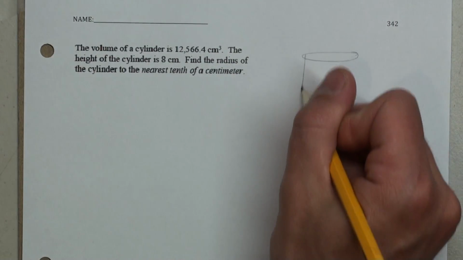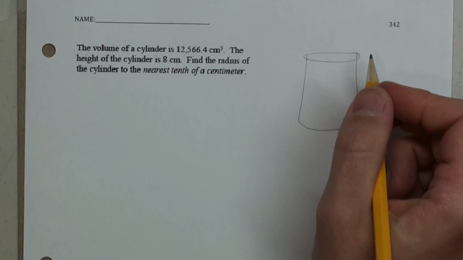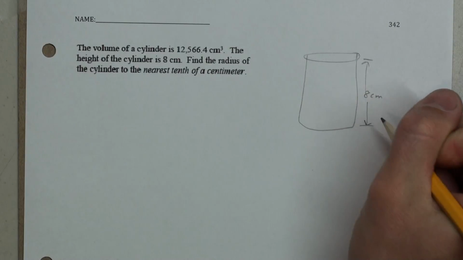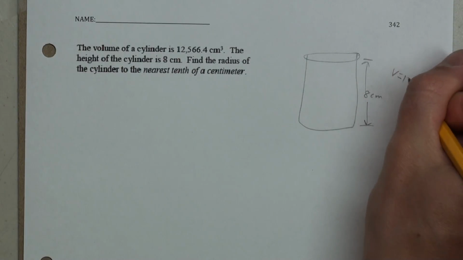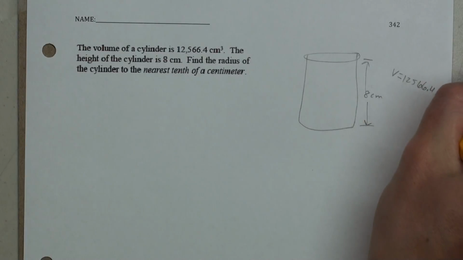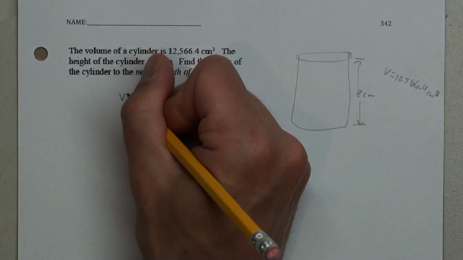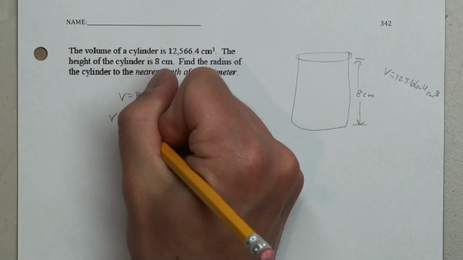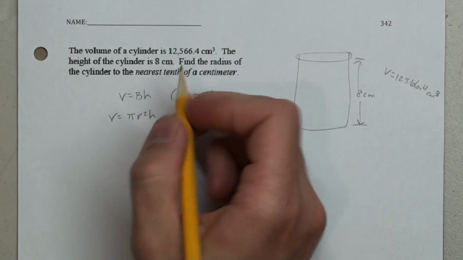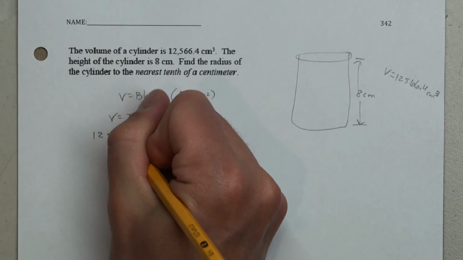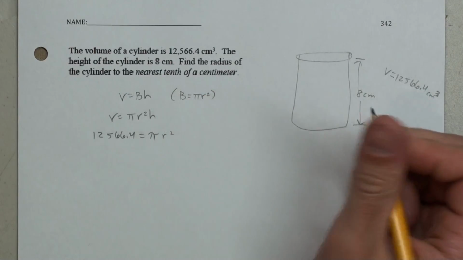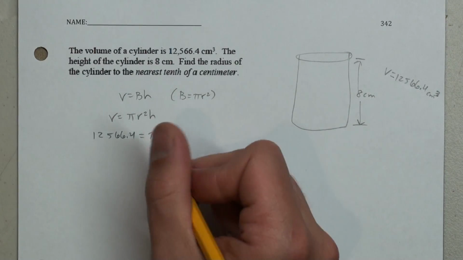We have a cylinder. The height is 8 centimeters. The volume is 12566.4 centimeters cubed. Find the radius. So V is Bh, but B is pi r squared. So V is pi r squared h. So 12566.4 equals pi r squared 8, to the nearest tenth.